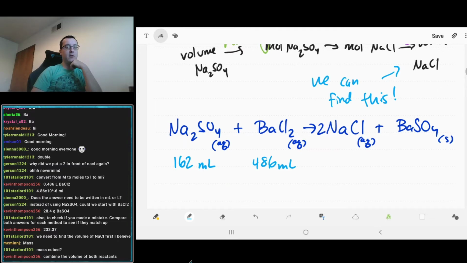So how solutions work again, remember it's ions dissolved in water, right? So if we wanted to see how much volume we have at the end of the reaction, that's going to be, someone do the math. I don't like to do math. Let's see. 162 plus 486.